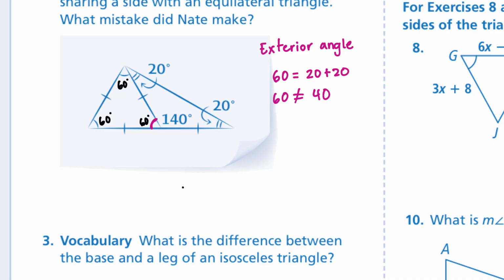We can also look at this as a linear pair. I know that a linear pair adds up to 180, and if I do 60 plus 140, that's equal to 200, which is not 180.